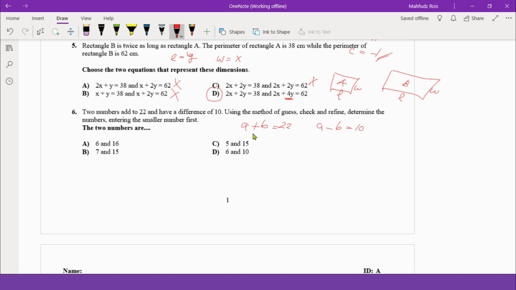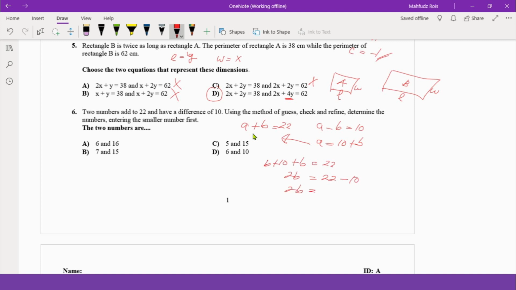Right, so if we use substitution here, A, the bigger one, will be 10 plus B. So if we substitute here, it will be B plus 10 plus B equals 22. So 2B equals 22 minus 10.